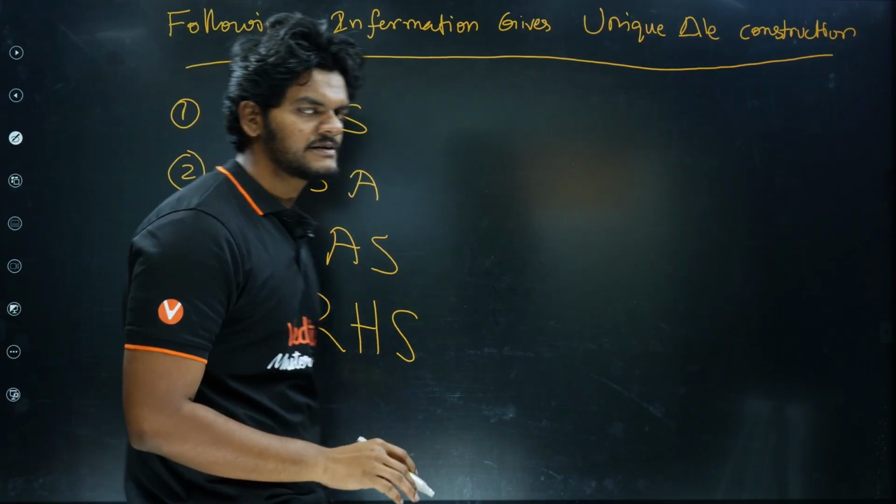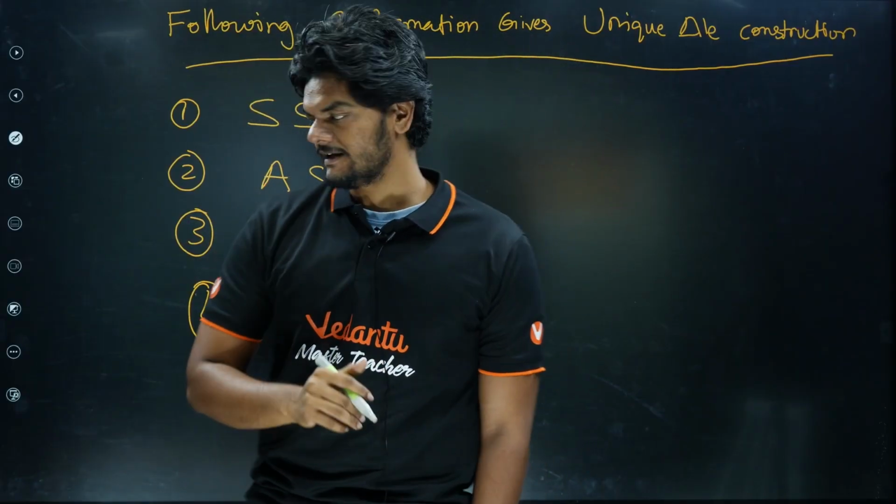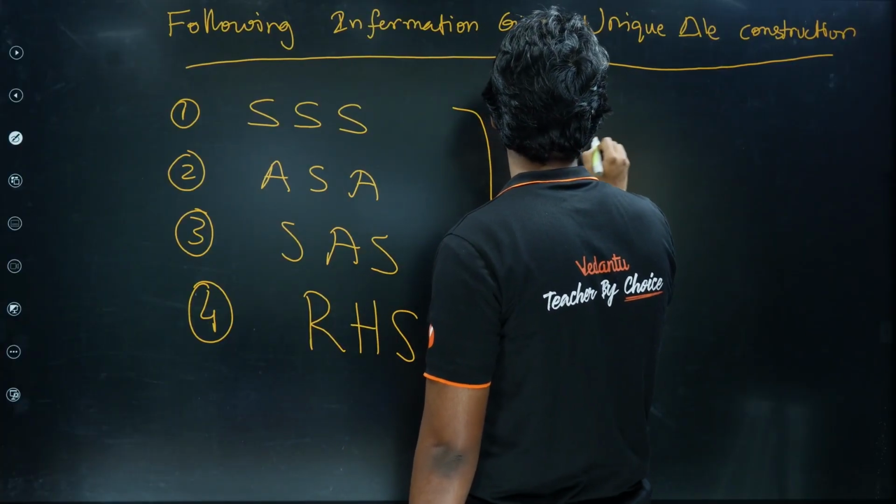These are the 4 information which gives us unique triangles, and coincidentally, this also happen to be the criteria.